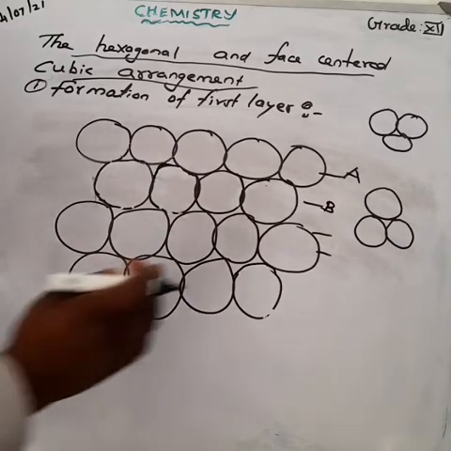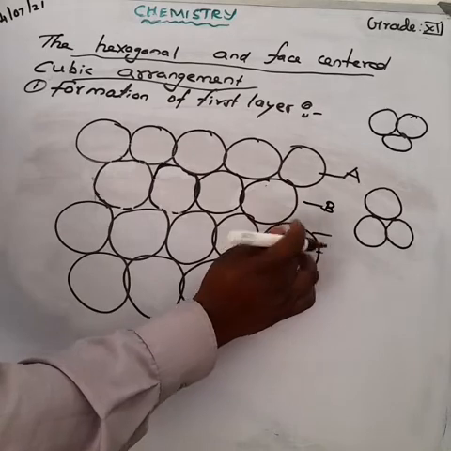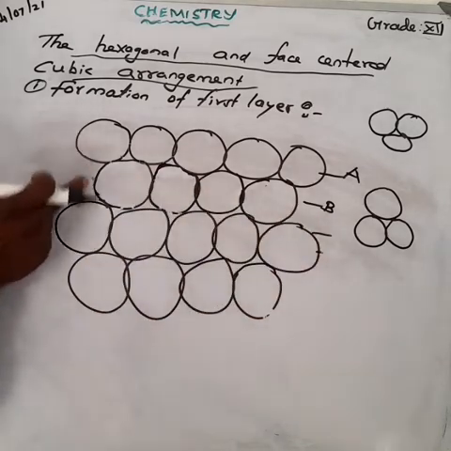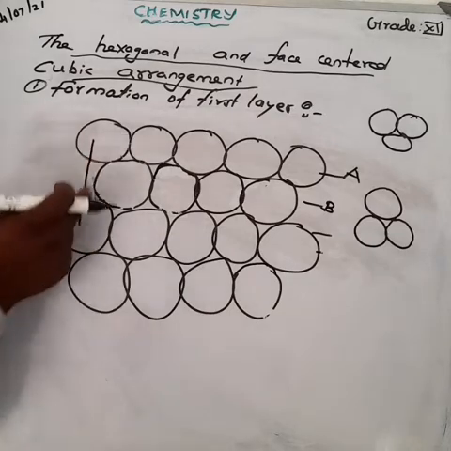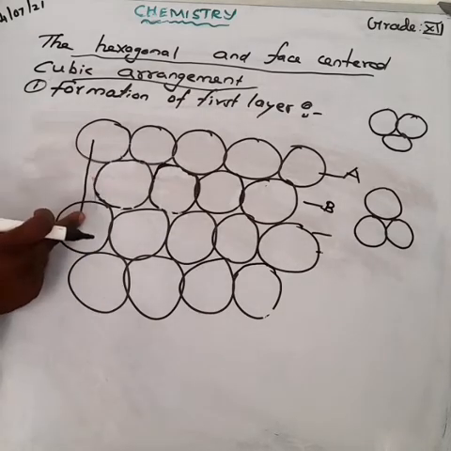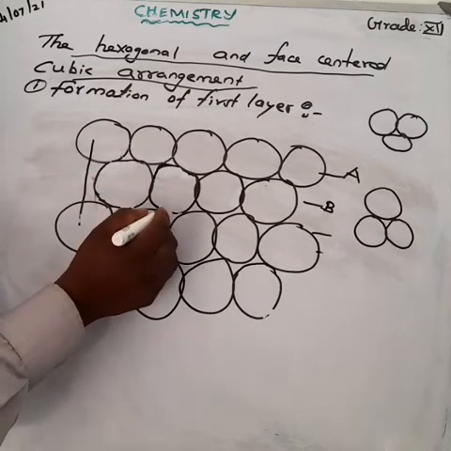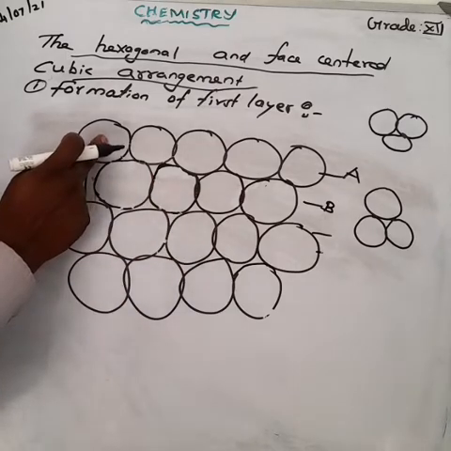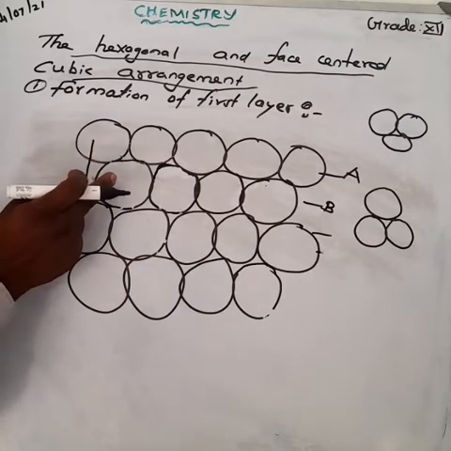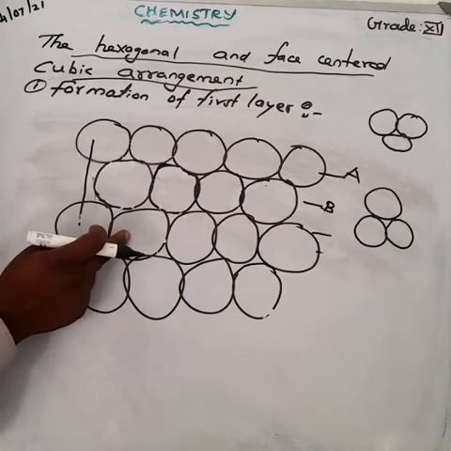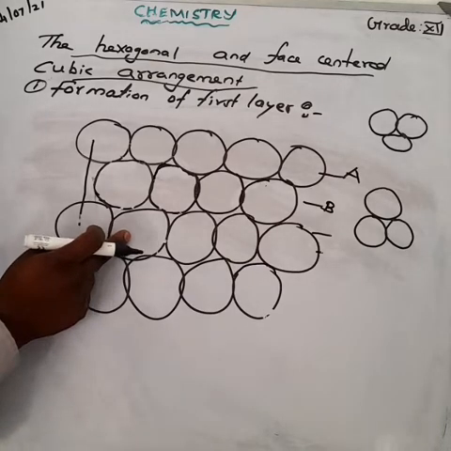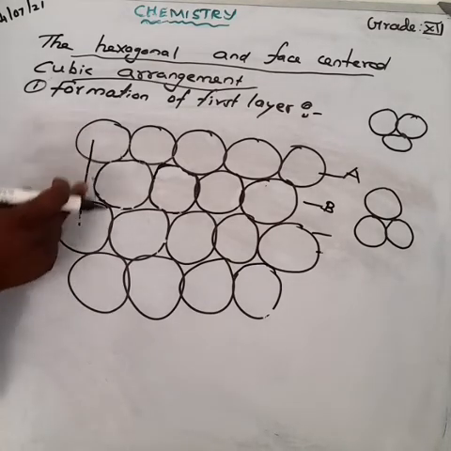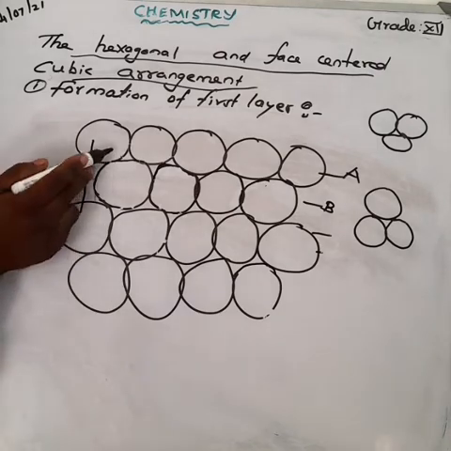What about the next layer? The next layer is formed by placing the spheres in the depressions of the first layer. Dear children, this is the first layer. Next I am going to draw the third layer. The next layer, don't forget that, is formed by placing the spheres in the depressions of the first layer.